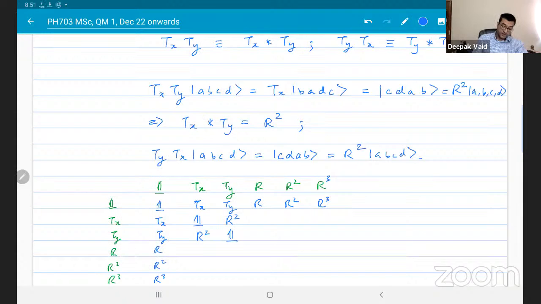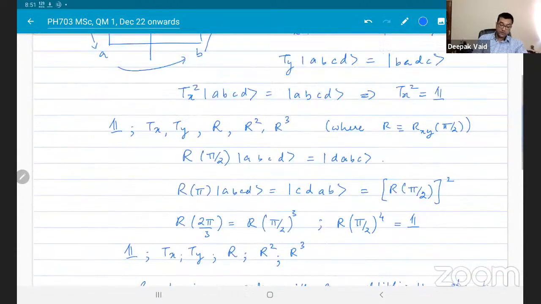Then what is left? TX and R. So what does TX and R give me? Anybody? What will R do? It will shift everything by one index forward, right? It will rotate everything.